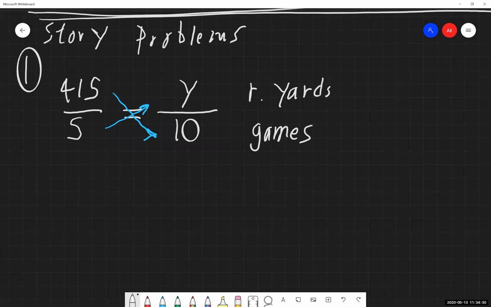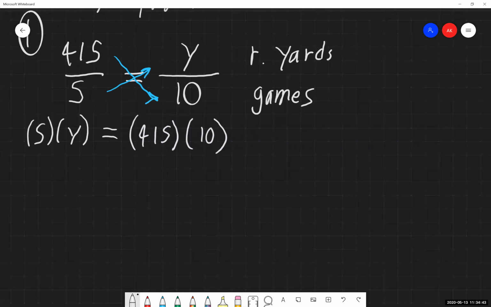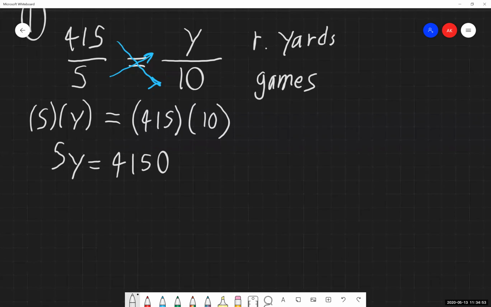So I have 5 times Y is equal to 415 times 10. Just simplify both sides. And again, now we're doing the exact same process that we were doing above. We've taken the story elements out of this thing, and we're just working with a nice mechanical problem.